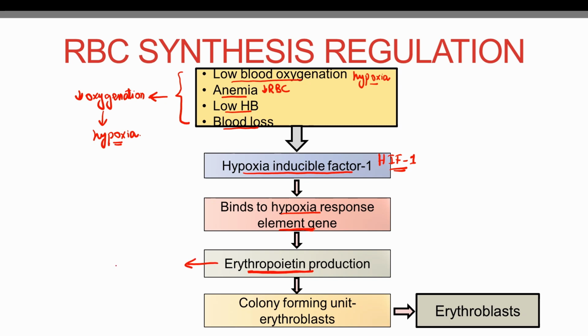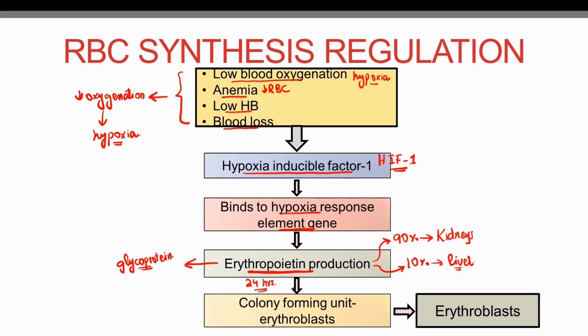Erythropoietin is a specific glycoprotein, and almost 90% of erythropoietin is produced by kidneys and 10% is produced by liver. In response to hypoxia, the erythropoietin synthesis begins within minutes to hours, and it reaches maximum production within 24 hours.